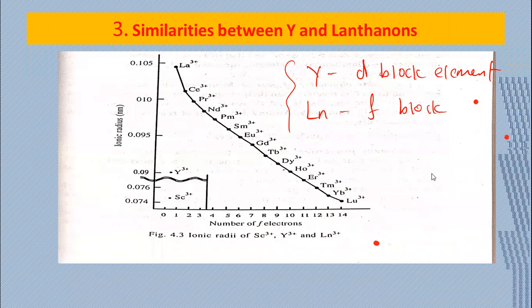The reason is the same. Due to the lanthanon contraction effect, yttrium is chemically similar to the lanthanon elements. So you can see this graph now.